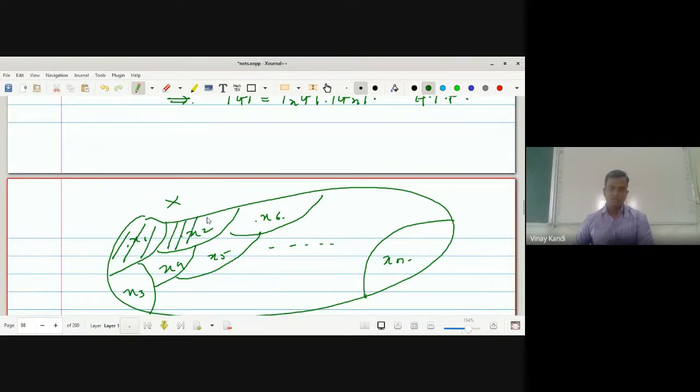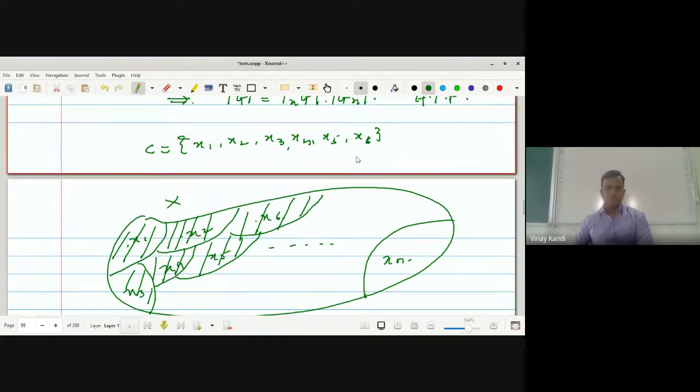This orbit contains only one element, that is x2. So C is the subset of X containing exactly one element: x1, x2, x3, x4, x5, x6. These are the orbits in which there is only one element. Apart from x1 there is no other element in this orbit, so it is alone in its own group.